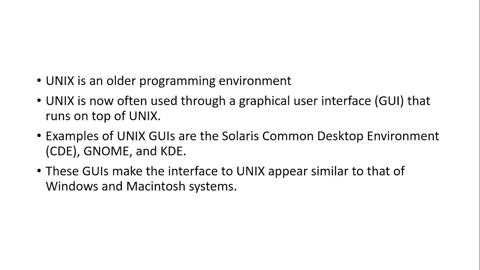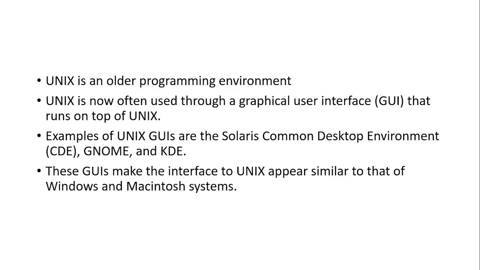Unix is now often used through a graphical user interface. Initially, that was with the help of command line programming or command line interface. Now we actually have a GUI that runs on top of Unix. Examples of Unix GUIs are the Solaris Common Desktop Environment, GNOME and KDE.